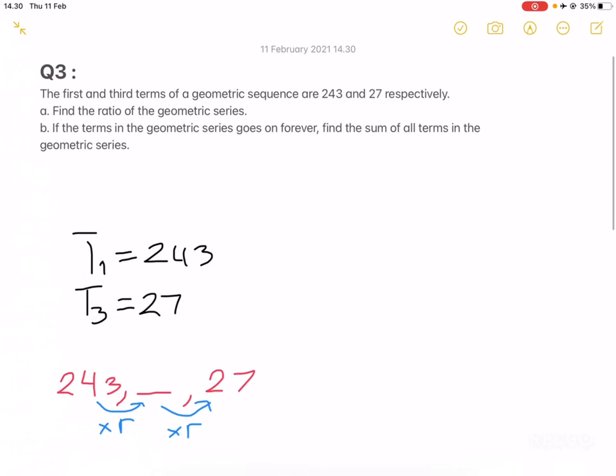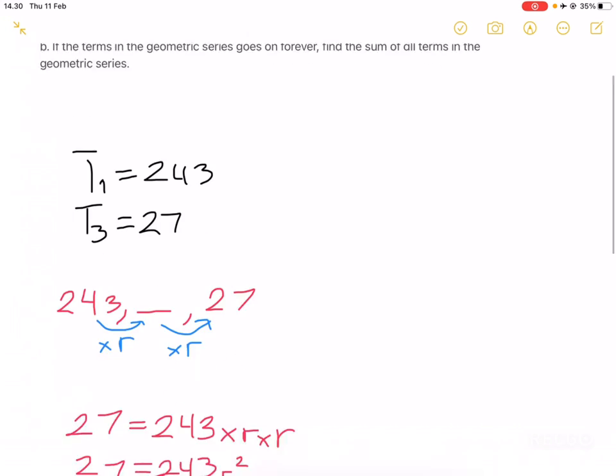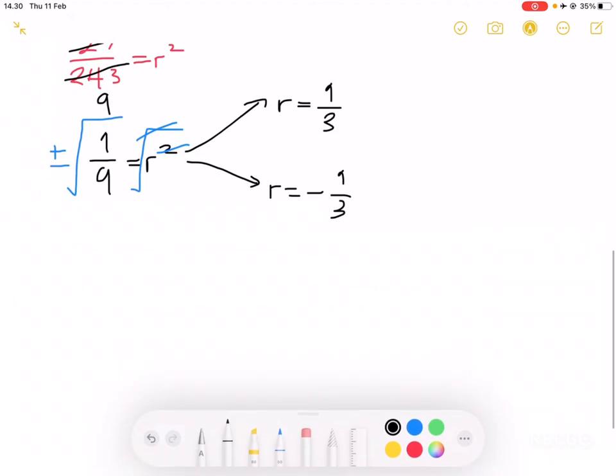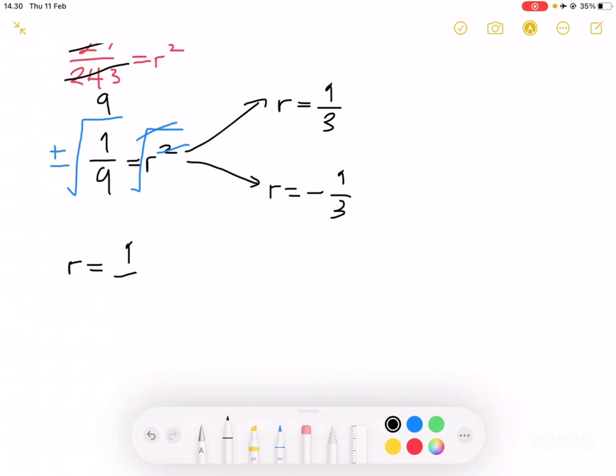And I should have mentioned, find the possible values of the ratio. Therefore for part B, using our two possible ratios, we might as well solve for all possible values of the infinite geometric series. So might as well separate this into two cases.